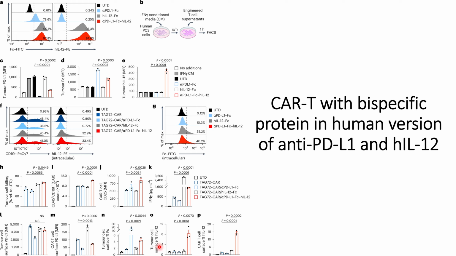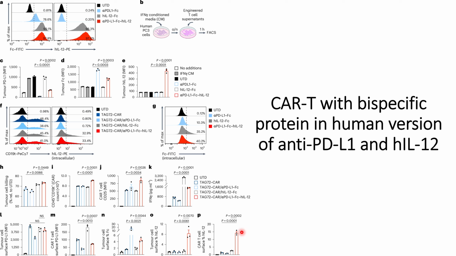And when they check the tumor cells' human interleukin 12, it is maximum in the case where they use both bispecific proteins. And similarly, CAR T cells' human interleukin 12 expression is also maximum in the case where they use both bispecific proteins.